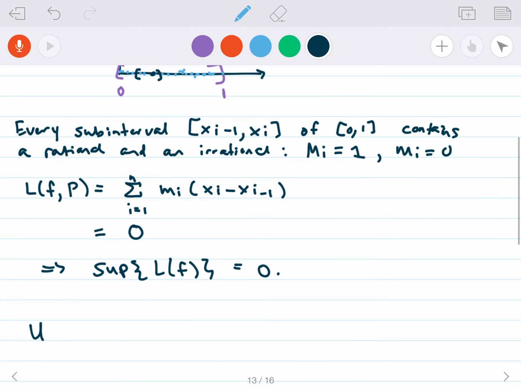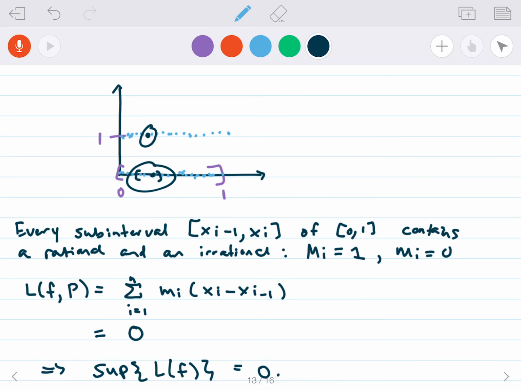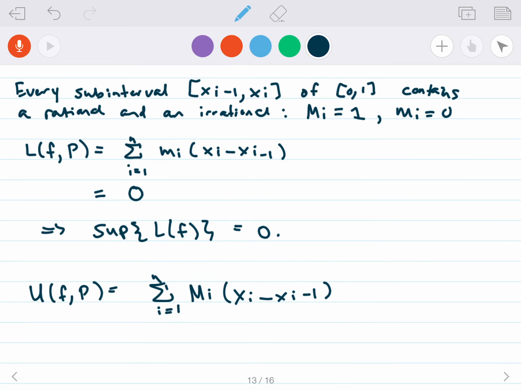However, if we look at the upper sum over an arbitrary partition, we have the sum from i equals 1 to n of capital M_i, which is my supremum over a subinterval. Well, we said over any such partition, my supremum is going to be 1. So this is going to become the sum from i equals 1 of 1 times (x_i minus x_{i-1}).